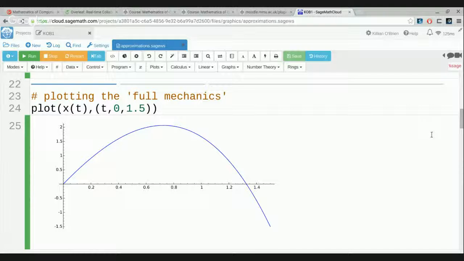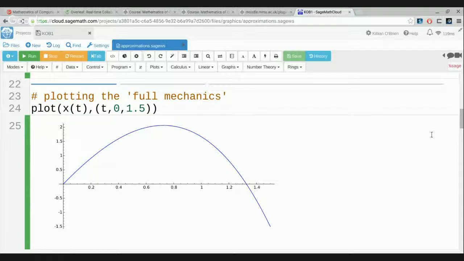Somewhere just before 1.4 seconds, it passes its original position going in the opposite direction, and it continues to accelerate and move out in the opposite direction. So this is it graphed between t from 0 to 1.5.